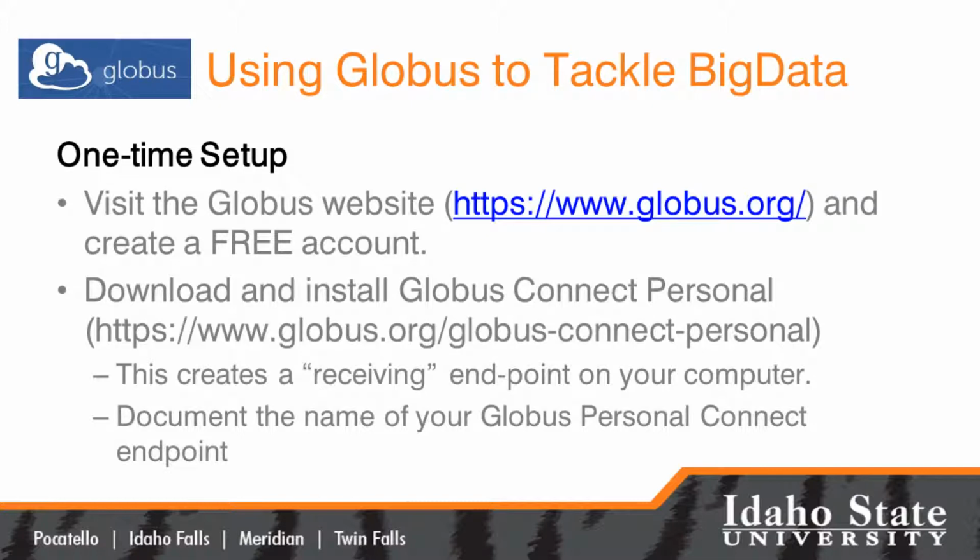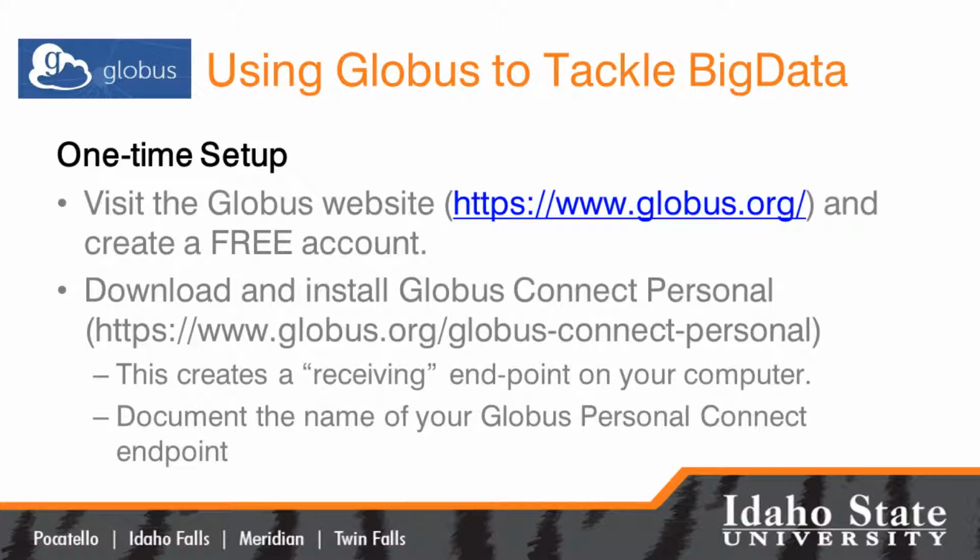Now, there's a first-time or one-time setup whenever you're using Globus, and literally it's one-time setup. You're going to visit the Globus website at globus.org and create a free account. They offer free accounts. You don't have to pay for a subscription to start utilizing Globus. Part of that initial account setup is where you're going to download and install Globus Connect Personal.